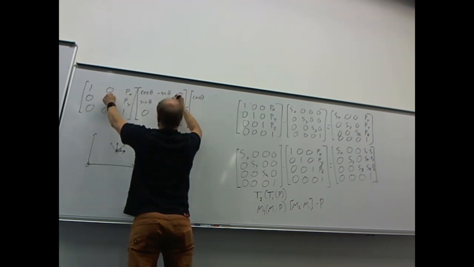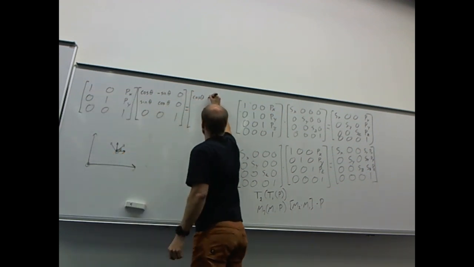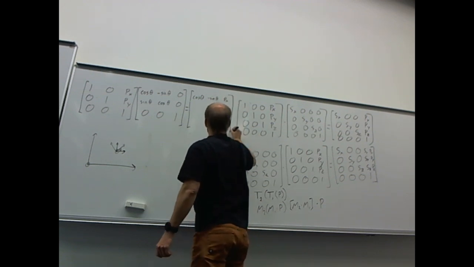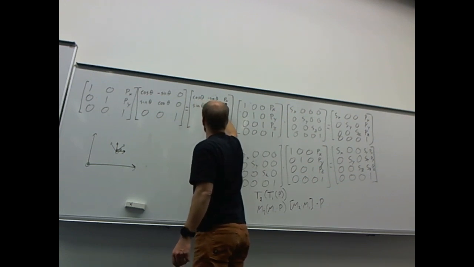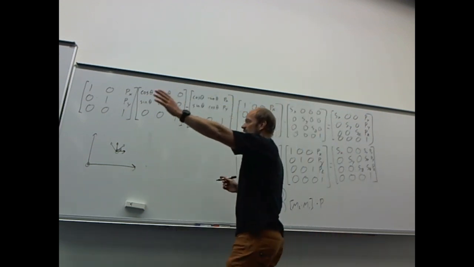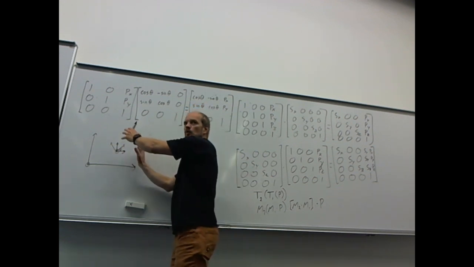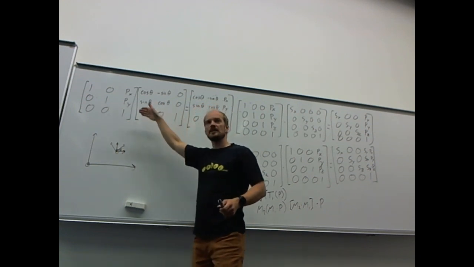We get the minus sine up here, 0 and 0, and we get px here. Minus sine px. We get sine theta, cosine theta, and py, 0, 0, 1. So here we're saying I translated first, then I rotated. I rotated within my local coordinate frame. This second transformation I added to the right.